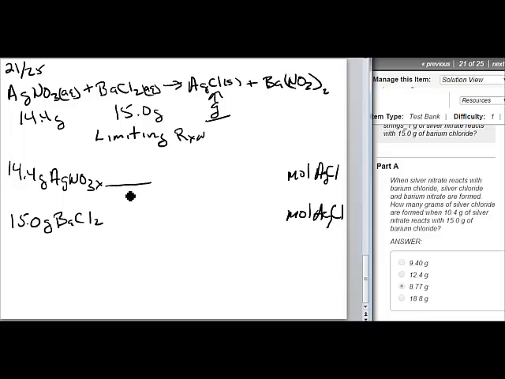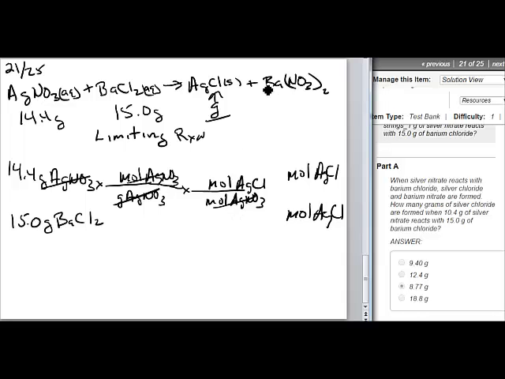So what we're going to do is multiply this by grams AgNO3 to cancel those units and convert that to moles of AgNO3. Okay, and then we're going to cancel moles of AgNO3 and convert that to moles of AgCl.